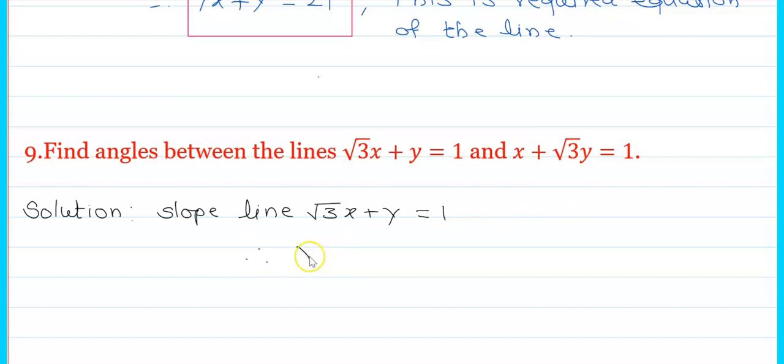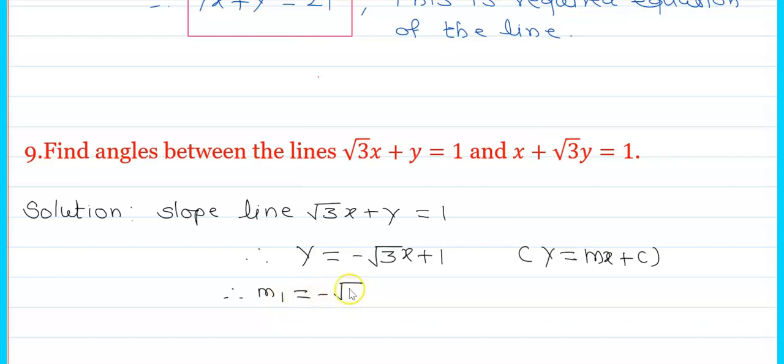Therefore this can be written as y is equal to minus root 3x plus 1, which is in the form y is equal to mx plus c. Therefore, what is the slope? Slope m1 is equal to minus root 3.